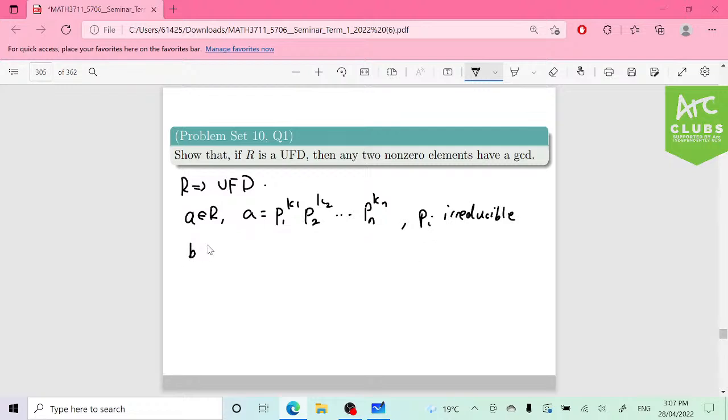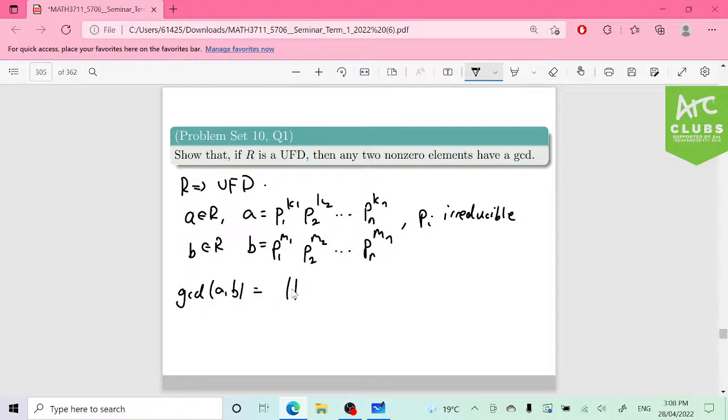And similarly, if you take another element b in your UFD, you obtain a very similar thing: b equals p1 to the m1, p2 to the m2, and we're only going to be focusing on the primes that are related to each other, up to pn to the mn.